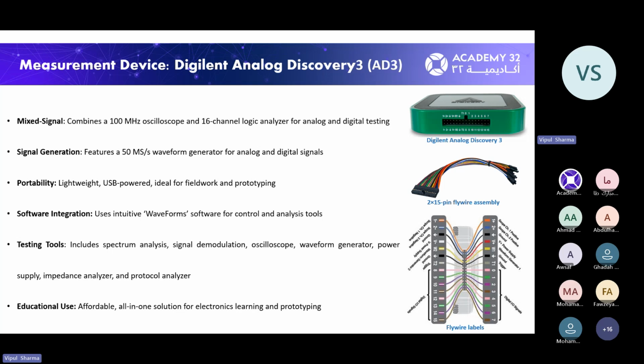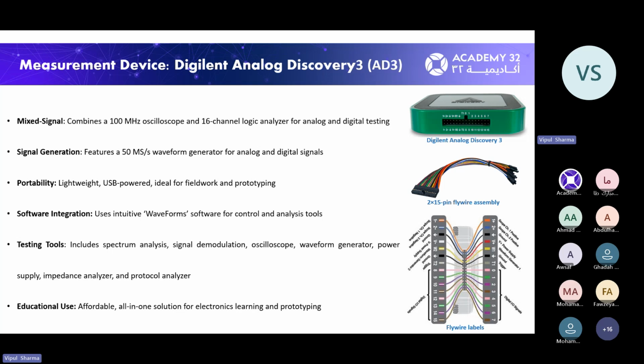And it has an oscilloscope which can measure signals up to 100 megahertz, and it can generate analog and digital signal waveforms using a 50 megasamples per second waveform generator, which is inbuilt in it. And there's very good support provided with this equipment in the form of a software called WaveForms.